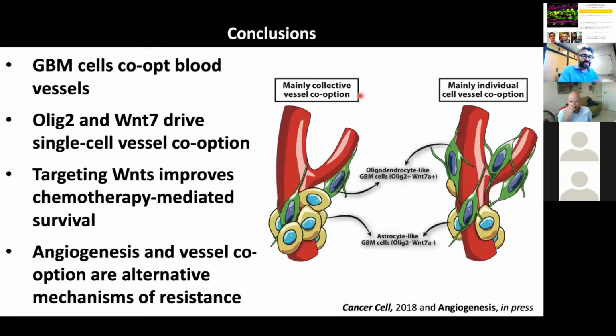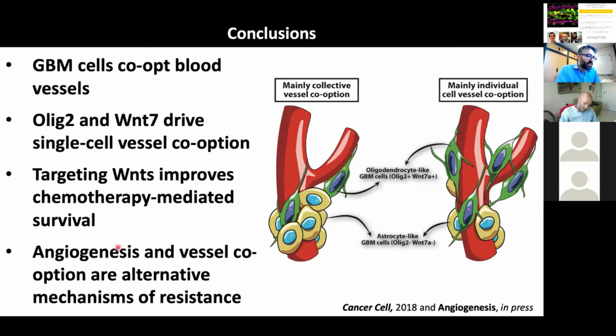In the interest of time, I need to conclude, to show you also the other story. Just a conclusion, very quickly. I showed you that GBM cells co-opt blood vessels, that OLIG2 and Wnt7 drive single cell vessel co-option, and that targeting Wnts, in this case all Wnts with LGK974, is capable of improving chemotherapy-mediated survival.